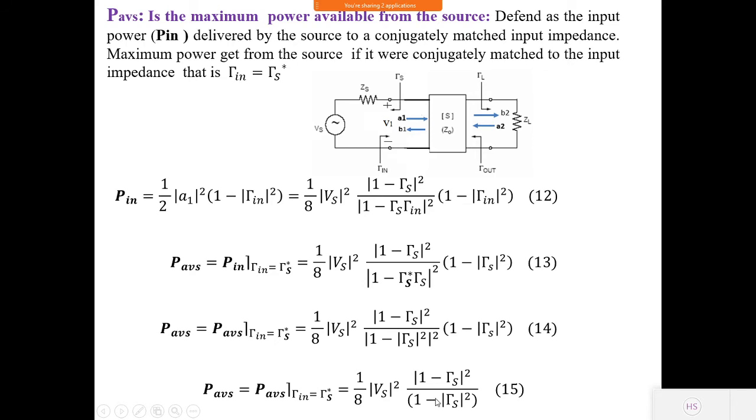In the denominator, what is there? 1 minus tau s magnitude square. Do not confuse with this. There is no magnitude here, it is just tau s. But here, in the second term, the magnitude square is there. Both the 1 minus tau s terms carry magnitude square.